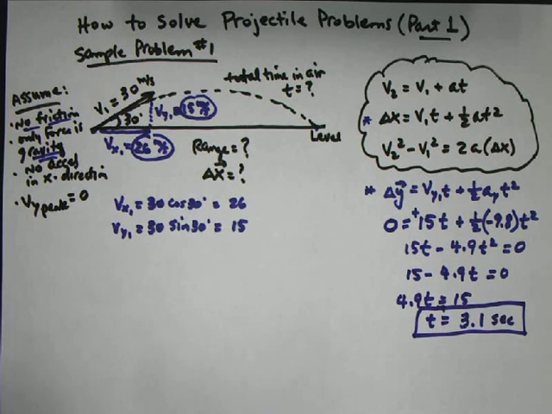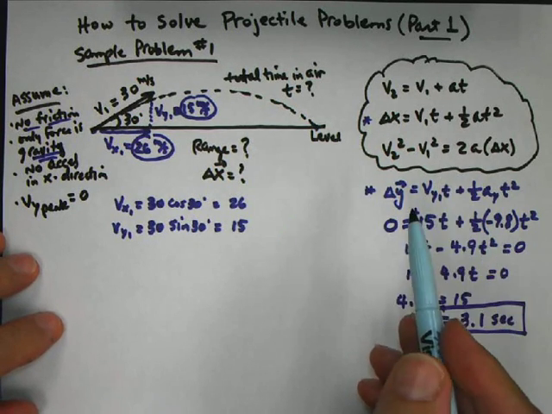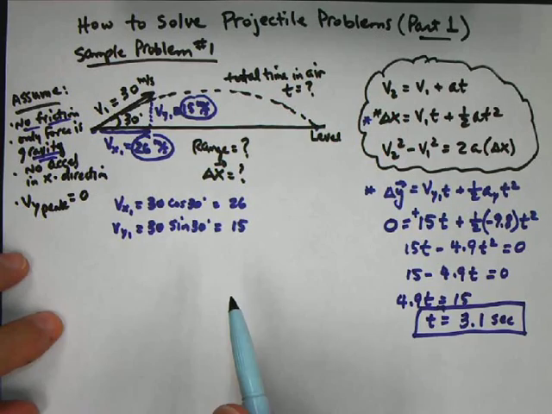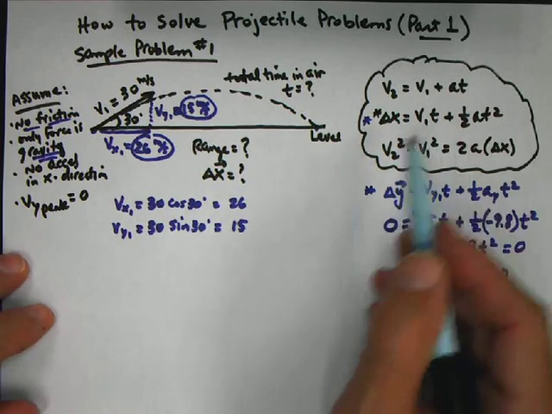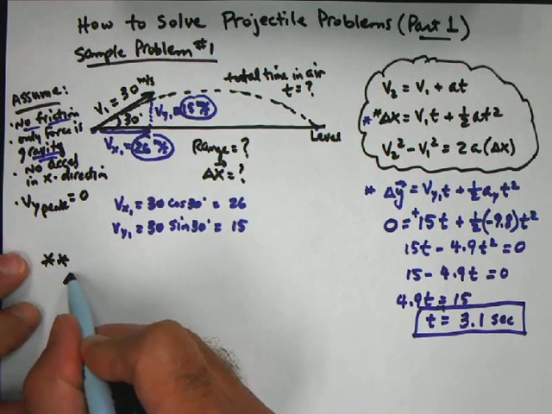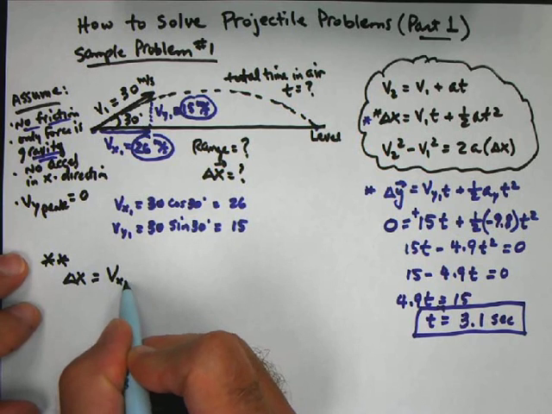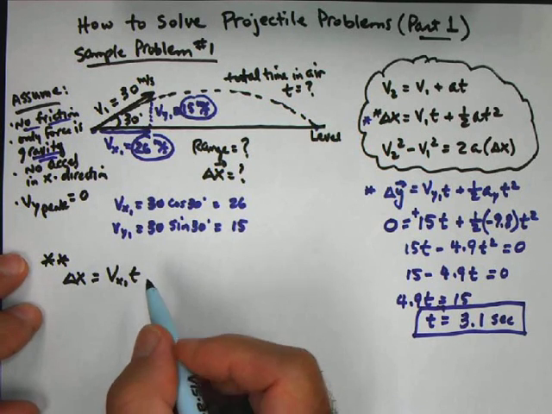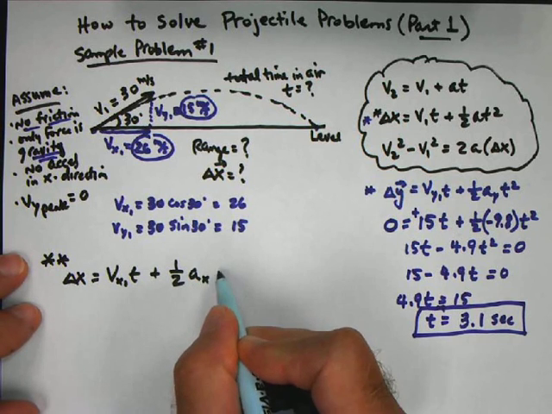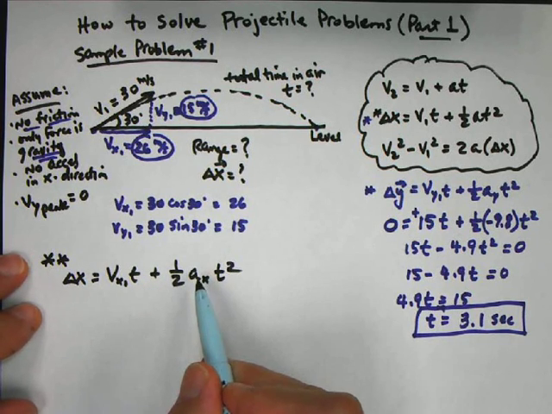Well, okay, let's go ahead and look at Galileo's equations again, and oh yeah, that looks pretty good too. There's a delta x. In this case, we can use it pretty much as is, so I'll bring that down here. And delta x equals Vx1 t. We're just doing it for the x direction now, plus 1/2 acceleration in the x direction times t squared.